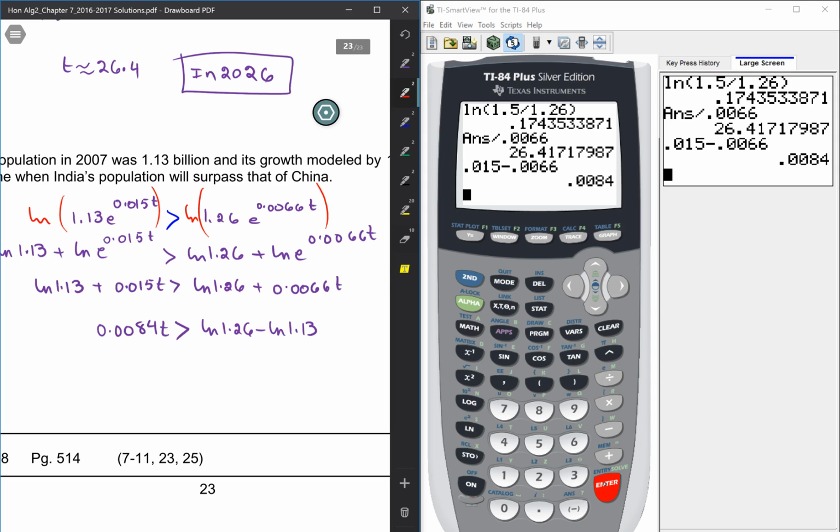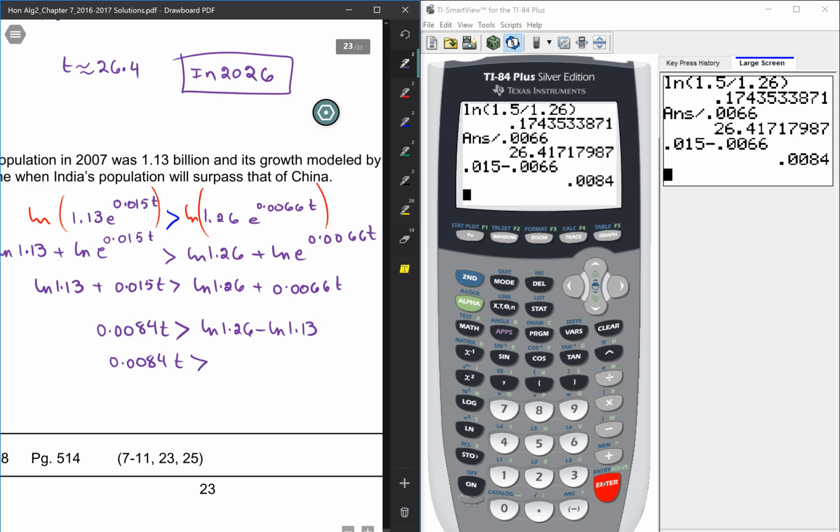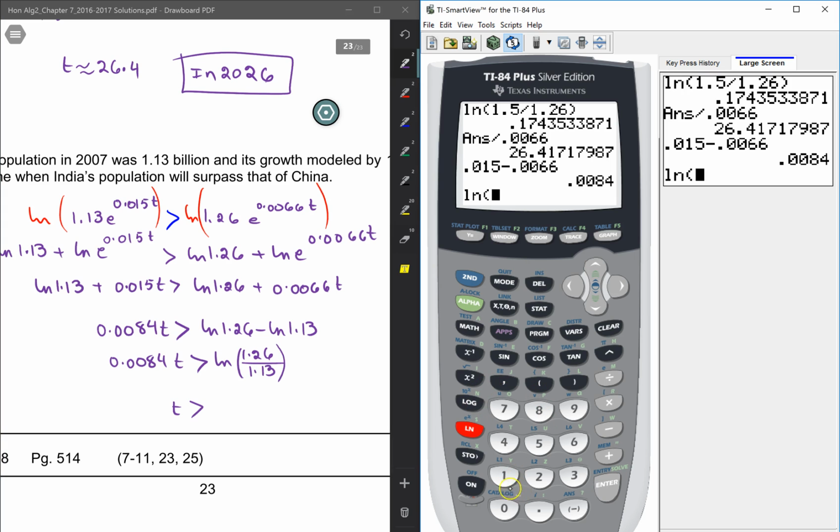You're condensing it. So it'll be ln of 1.26 over 1.13. So now 0.0084t is greater than ln of 1.26 over 1.13, and this is when t is greater than ln of 1.26 over 1.13 divided by 0.0084.